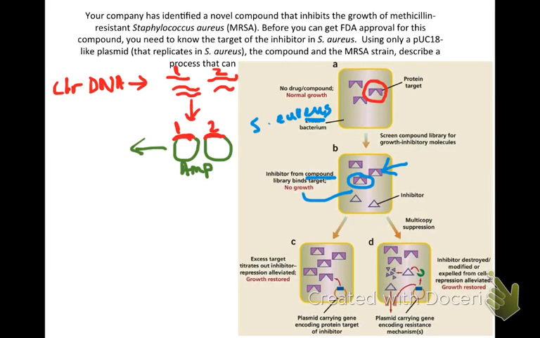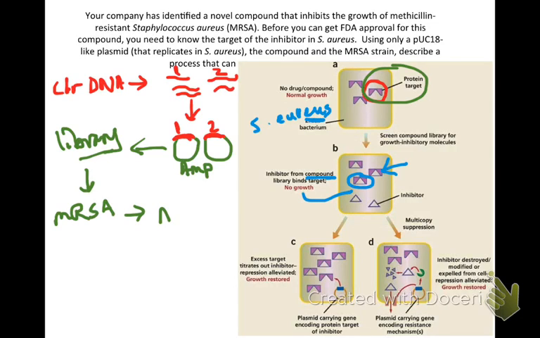Now this is our library, because we're looking for the gene, as I said, that encodes this protein, and we have to kind of fish it out from the chromosome. We're going to put that library into the MRSA strain, and we are going to select all the AMP resistant cells, because that tells us that our library got into the cells.